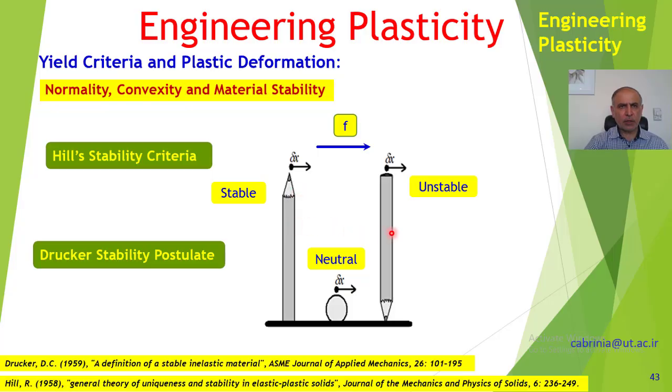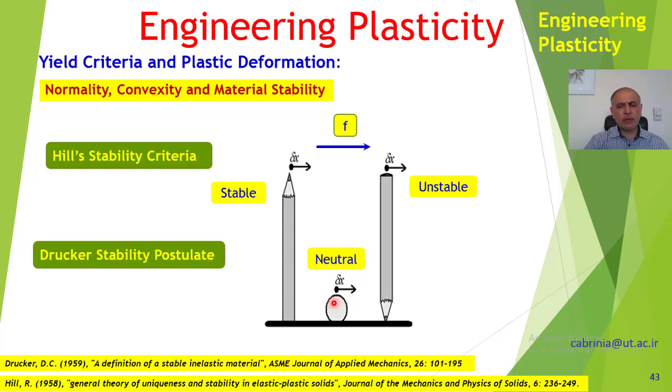This will change, the original position changes. But the original position here is like that. So if we move it here, it just has a displacement, but the position has not changed. Okay, so that's why we call it neutral, because applying the force on this one does not make any changes.